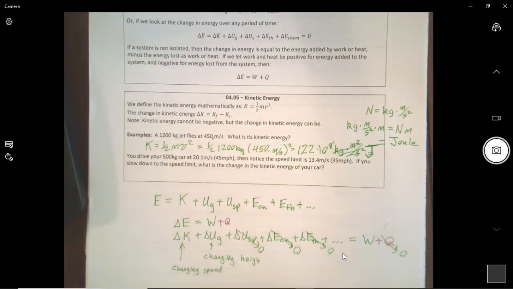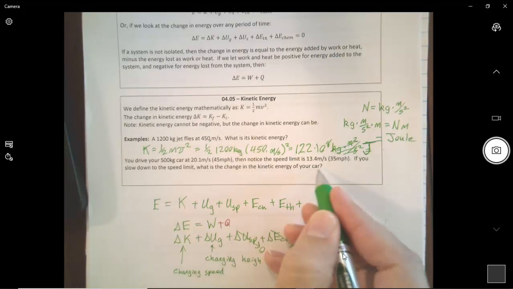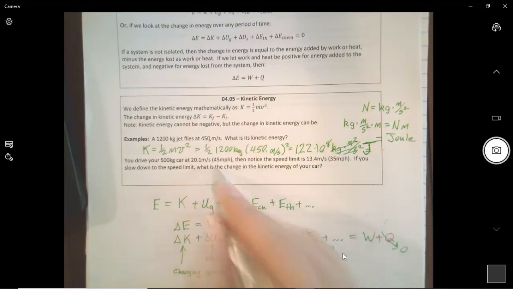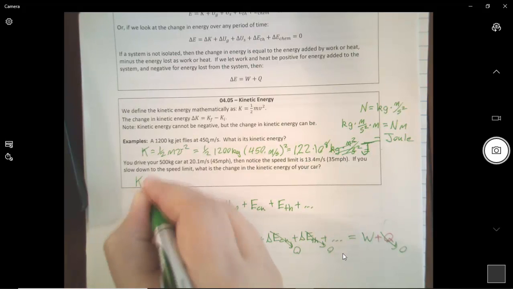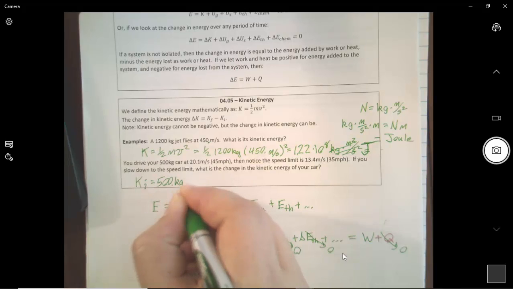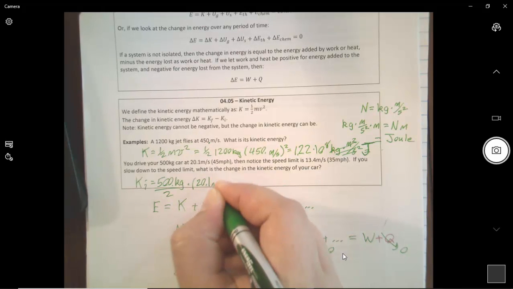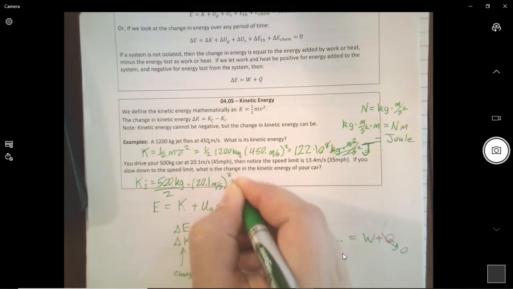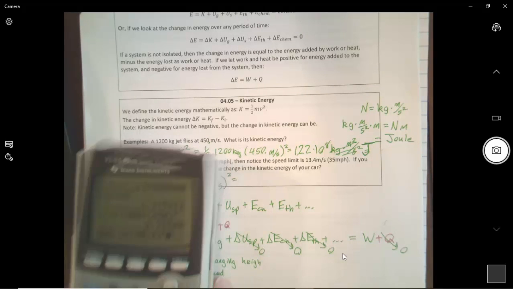We also want to calculate the change in kinetic energy for this car. So we start at Ki is equal to 1/2 times 500 kilograms times 20.1 meters per second squared. And so we get 500 over 2 times 20.1 squared.